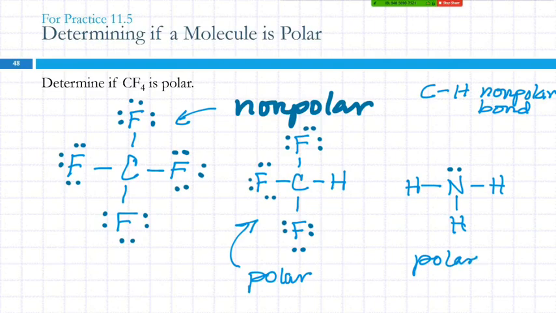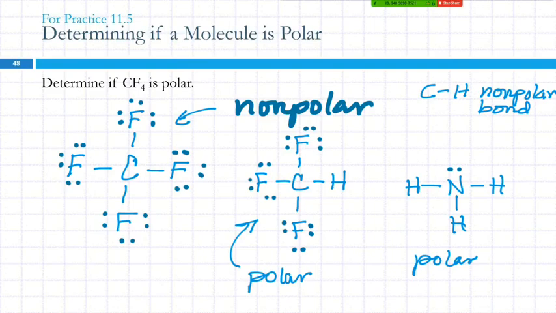With very few exceptions, if there's a lone pair on the central atom, the molecule's polar. The second condition is true, that all of these atoms are the same, but that doesn't matter because this lone pair makes the molecule lopsided, and so the vectors, not having a vector on this side, those guys will not add up to 0, and we'll have a polar molecule.